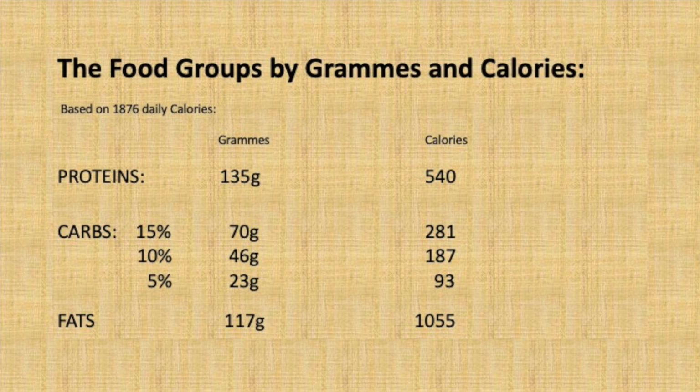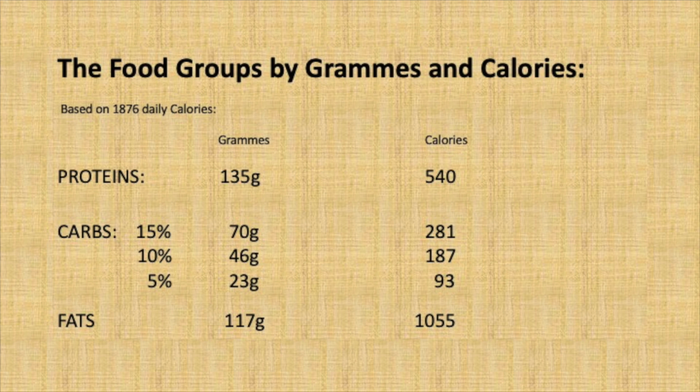So I started with my daily calories of 1876, and I decided on that number based on my sedentary lifestyle, the fact that I've been used to eating a fairly good amount of food each day, and also that I'm new to low carb and keto.